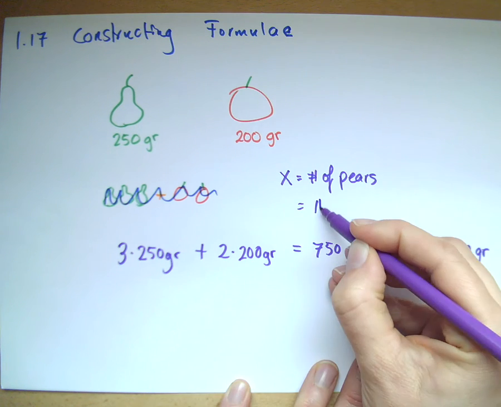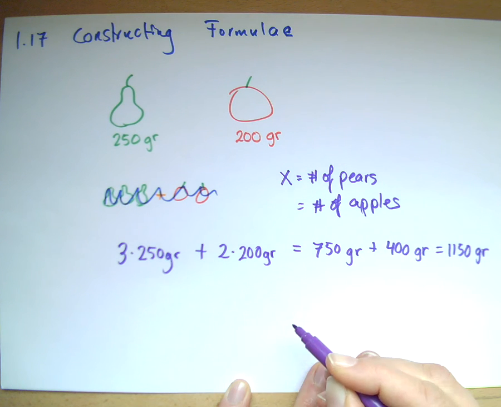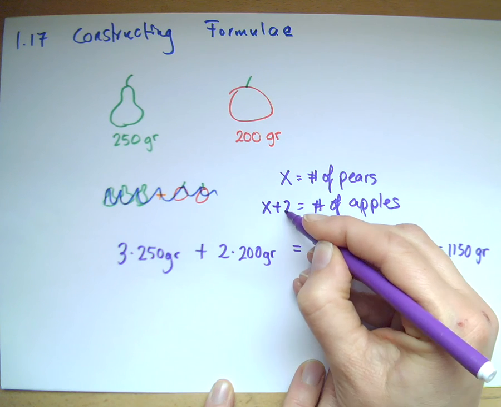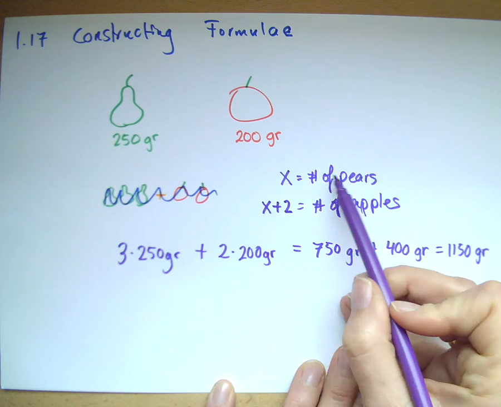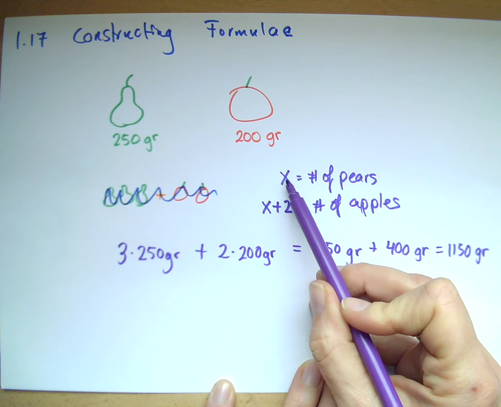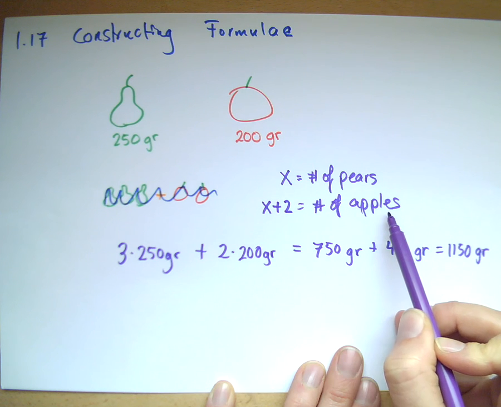So the number of apples is always going to be X plus 2. So when we have 2 pears, we get 2 plus 2, 4 apples. But when we buy 8 pears, we buy 8 plus 2, which is 10 apples, right?